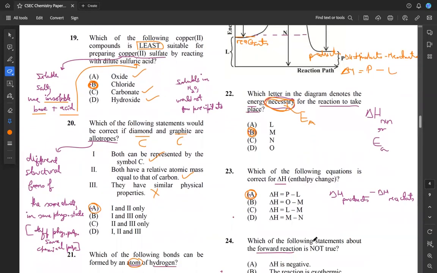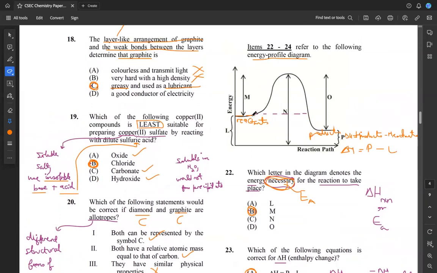24 says, which of the following statements about the forward reaction is not true? So let's look at our forward reaction. We're going from reactants at this amount of energy, and we go up, overcome this activation energy, and we come down and we have products, right? The products are at a lower energy than the reactants.